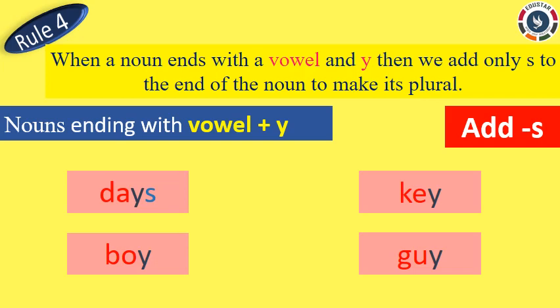So, here we add only s and we get the plural form like keys, boys, guys. Let me remind you again, for words which end with y but have a vowel before it, to make its plural form, we should add only s.